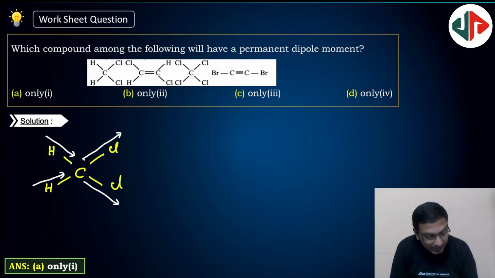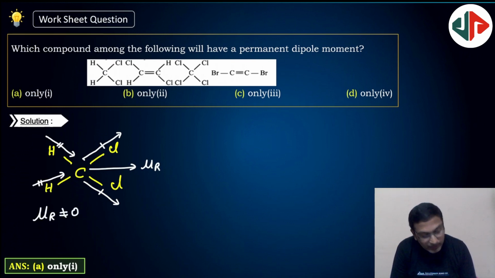These two are identical and these two are identical. And four are not equal. Resultant dipole moment will be in this direction. Therefore, resultant dipole moment not equal to 0. Therefore, it is a polar molecule. Dipole moment not equal to 0 means there will be dipole moment.